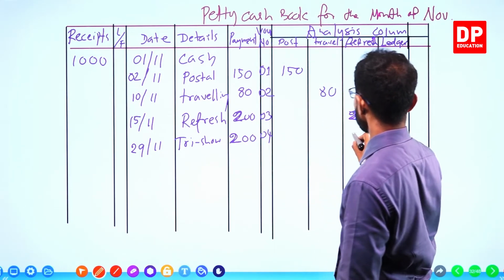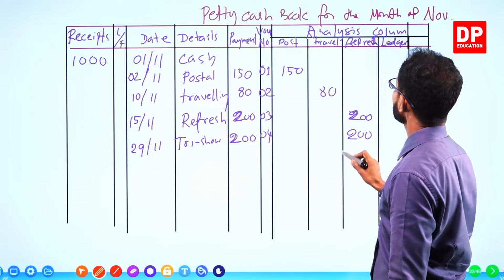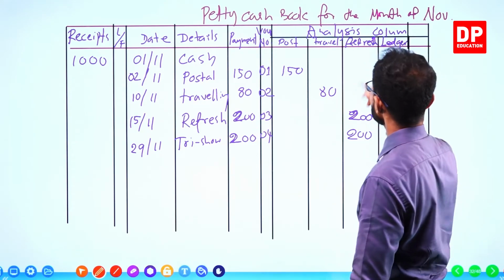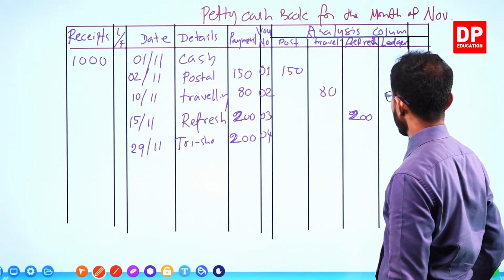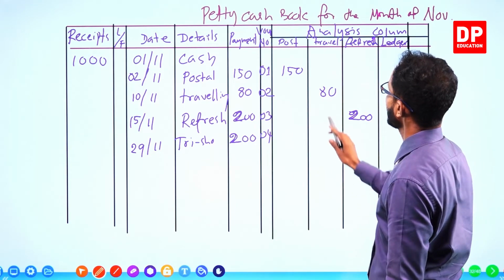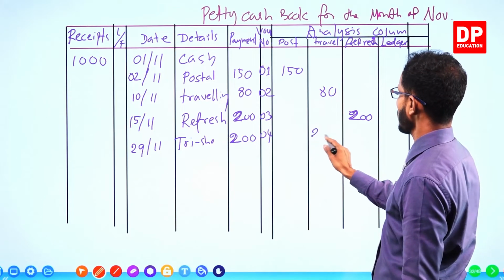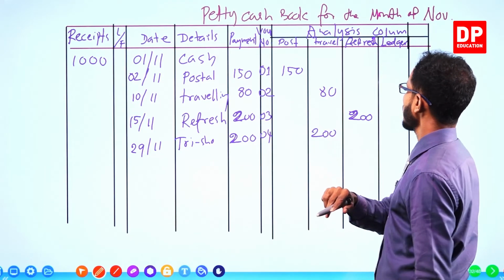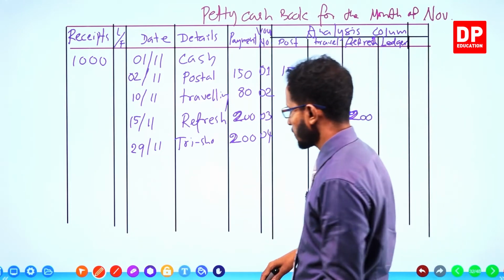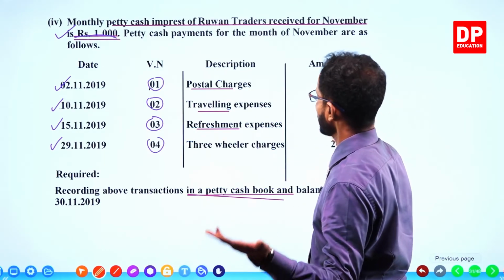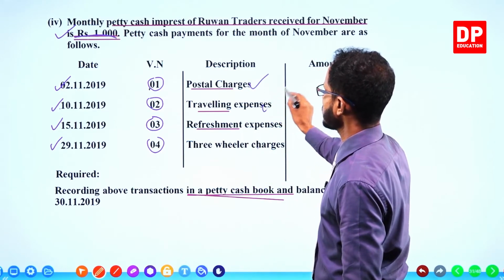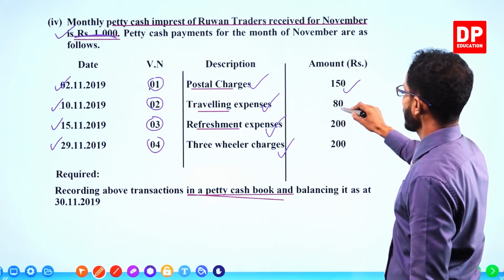Not to the refreshments column, but to the traveling column. Okay, that's it. Done. Okay, we are done.